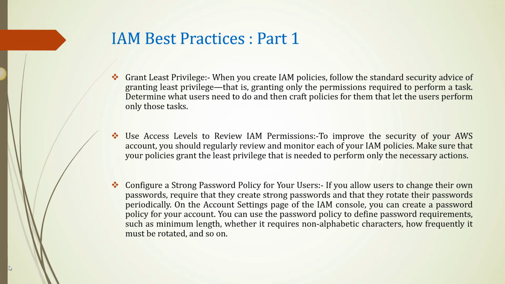Sixth is use access level to review IAM permissions. To improve the security of your AWS account, you should regularly review and monitor each of your IAM policies. Make sure that your policy grants the least privilege that is needed to perform only the necessary action.